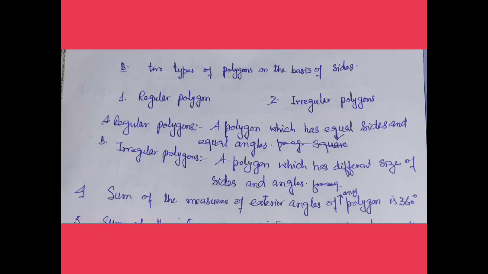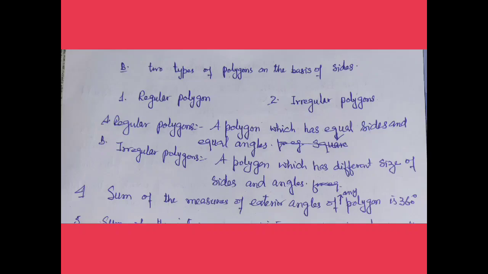A regular polygon is a polygon which has equal sides and equal angles, just like an equilateral triangle or a square, or a five-sided figure with equal measurements, that's called a regular pentagon, a regular hexagon.